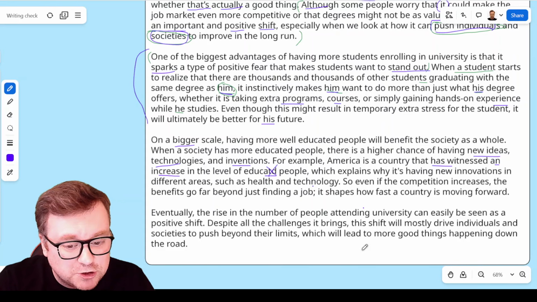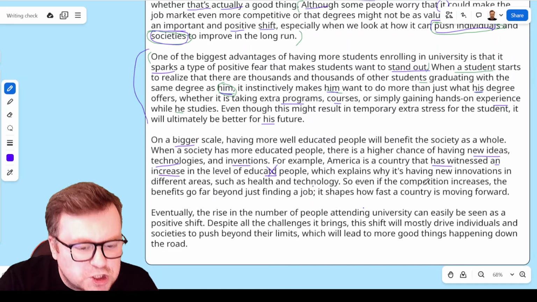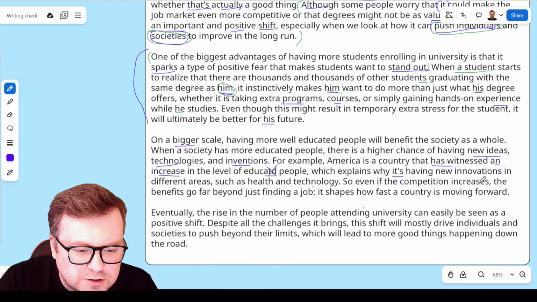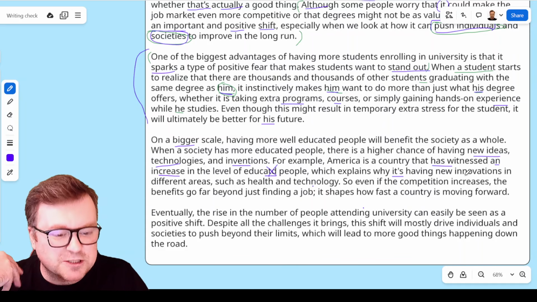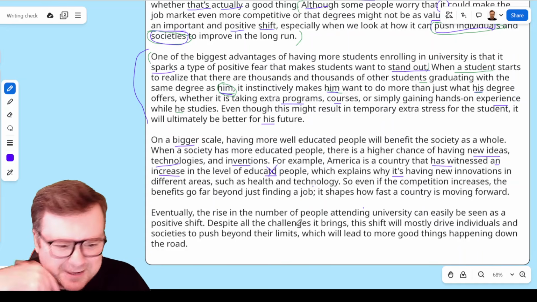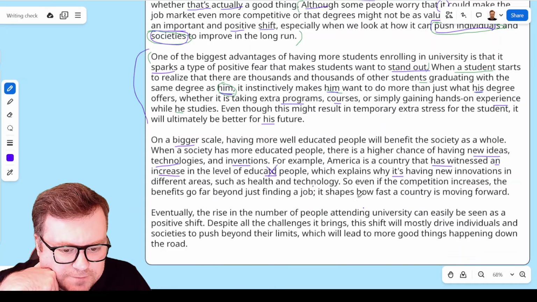You should find your own typos in the level of educated people, comma, which explains why it's, okay, we have that contraction again. It's having new innovations. I don't know, but it's having, I think there are, which explains why there are so many new inventions. Maybe is better than it is having in different areas such as health and technology, full stop.